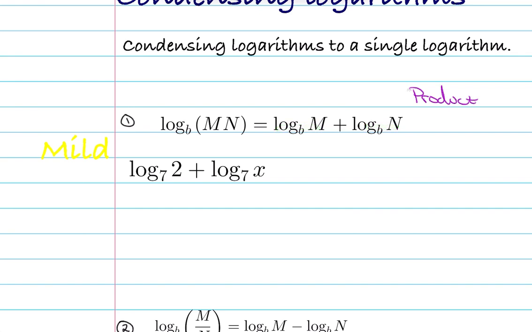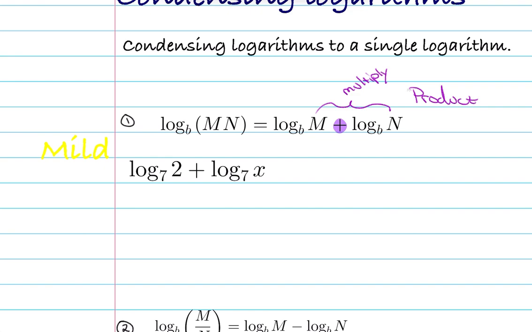The things you want to look for are an addition sign. When you see that addition sign, that means you are going to multiply your arguments.